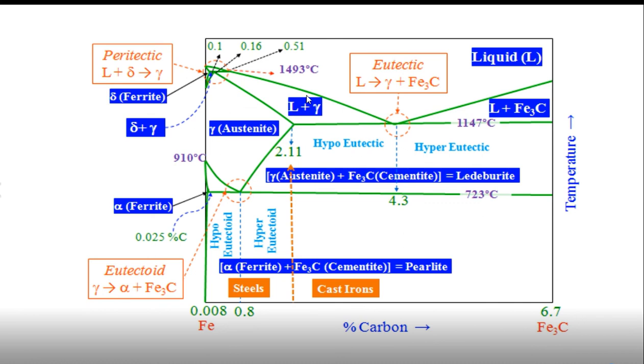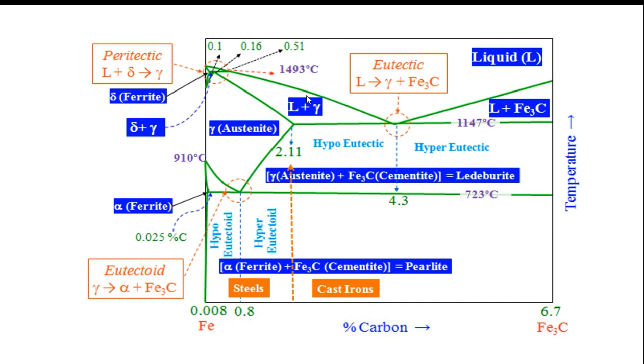Then again the temperatures, there is actual importance to 1490, 1147 and 723, that is nearly 1130 also. So those are the temperatures. And again the points of carbon: 4.3 is eutectic, then 0.1 peritectic, and again 0.8 is eutectoid. Those are the regions here you can see.